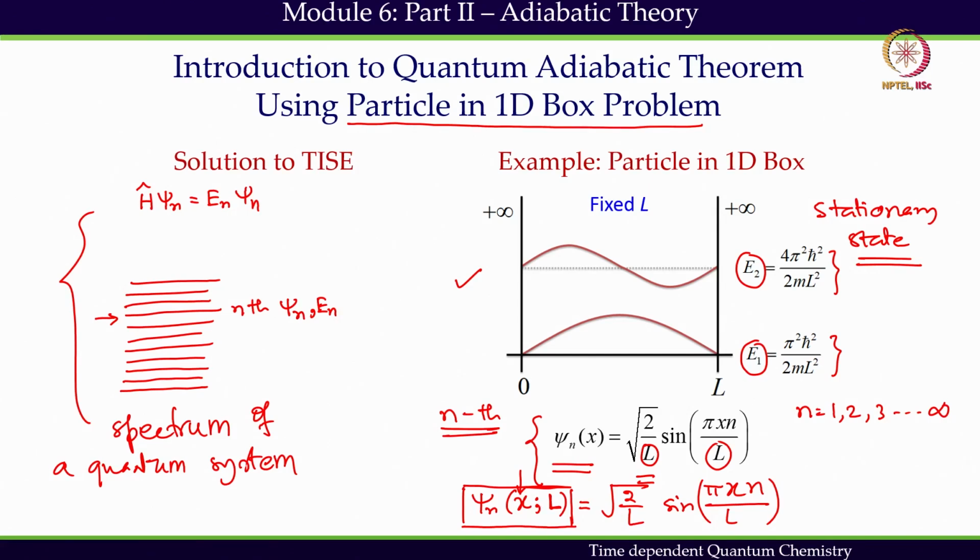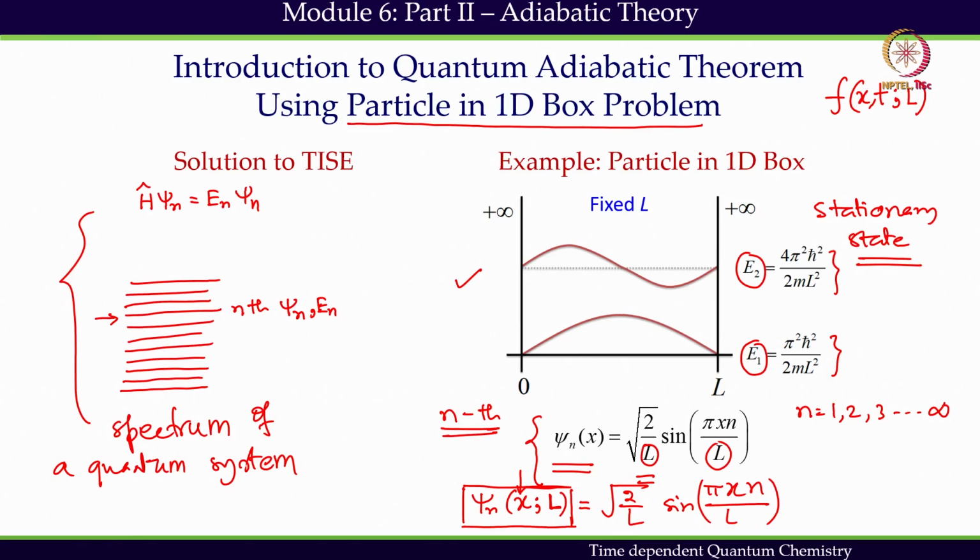That's the convention we will follow. So if I have two variables in a function, let's say x and t, they are separated by a comma. But if I have a parameter in it, it will be separated by a semicolon. That's the convention we will follow.